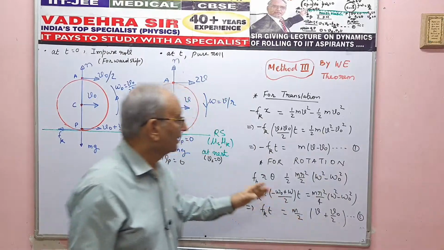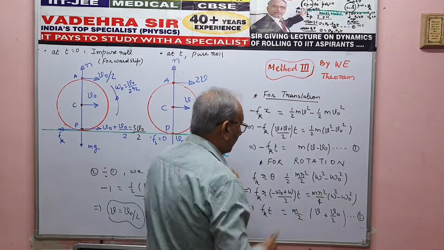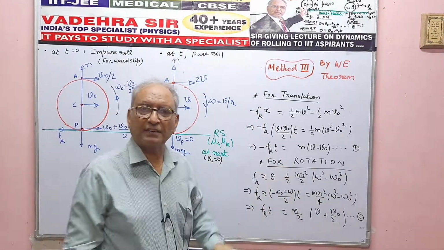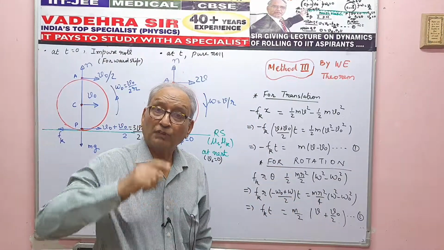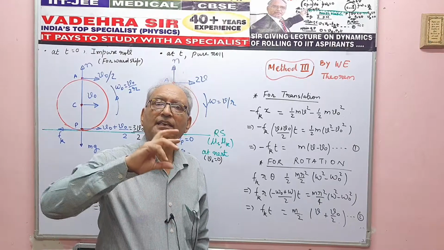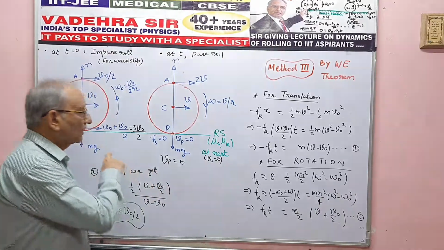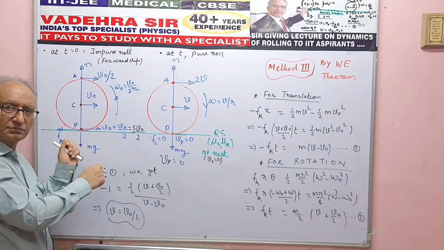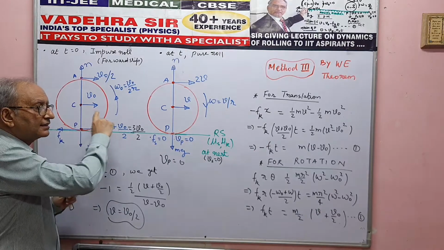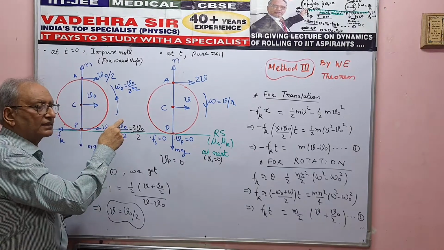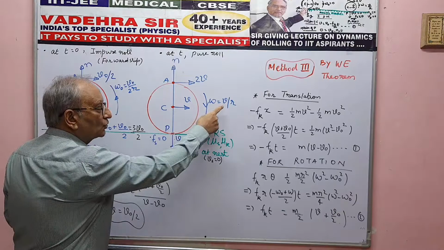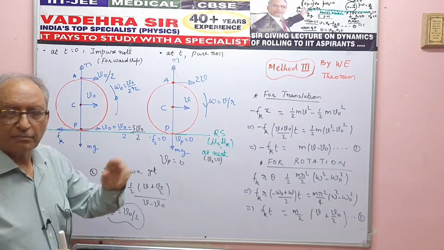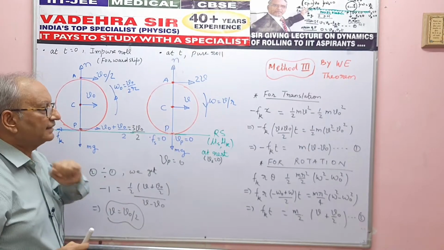Keep it. Let's now do the work energy theorem for the rotational part. Mind you, for the rotational part, the Fk is creating a torque about an axis through the center of mass, and that is a clockwise torque. And eventually it increases the angular velocity of the disk clockwise to v by r in the total time interval t, because this is at t equal to 0, this is at the instant t.